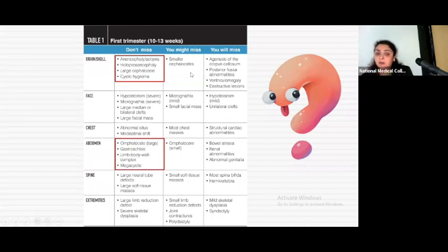It is not okay to miss any of them, and these cases can be picked up at our own clinic. So this was about the structural malformations. So beyond the NT scan, there are 3 things we can do: preeclampsia screening, preterm screening, and certain congenital malformations that can be detected by us.